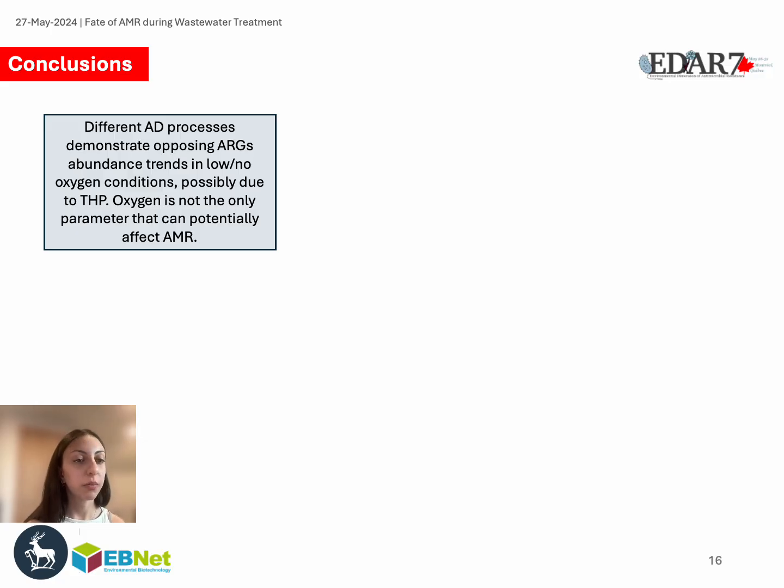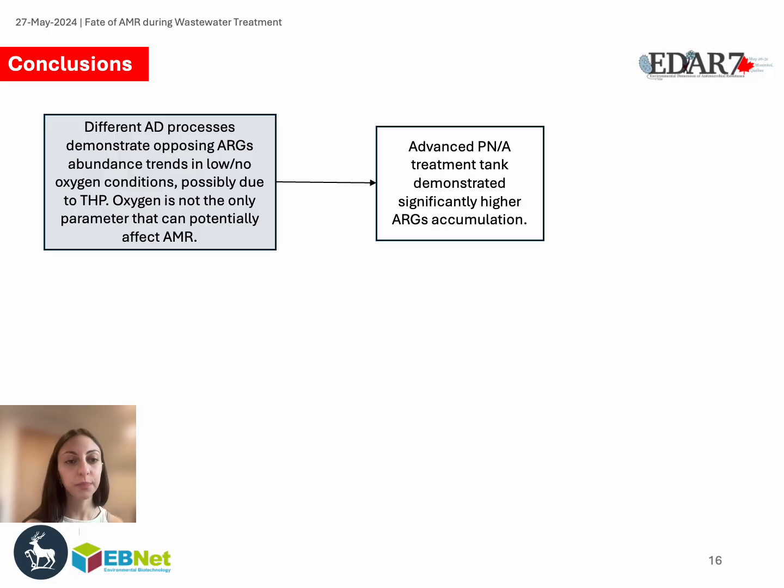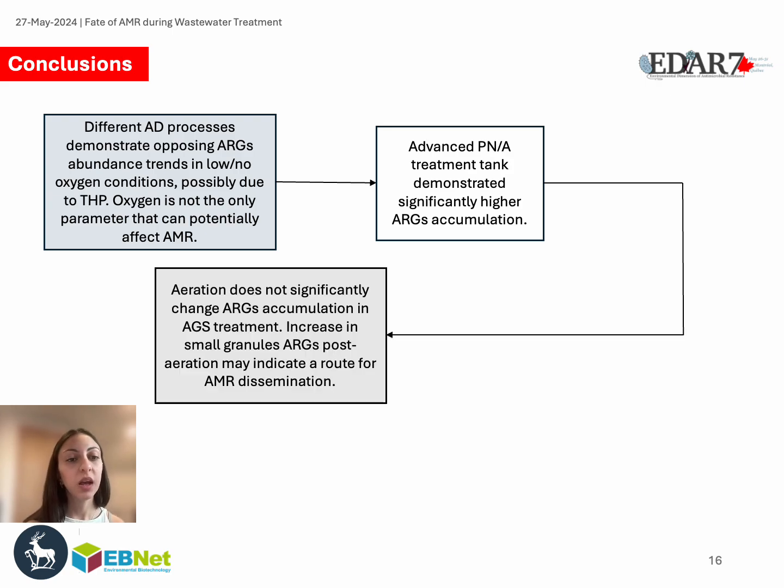Oxygen is not the only parameter that can potentially affect antimicrobial resistance. Advanced partial nitrification Anammox treatment tank demonstrated significantly higher antibiotic resistant genes accumulation.